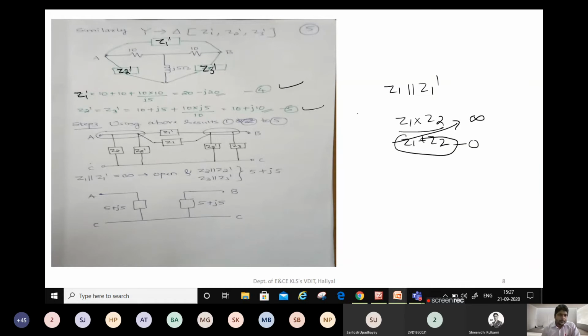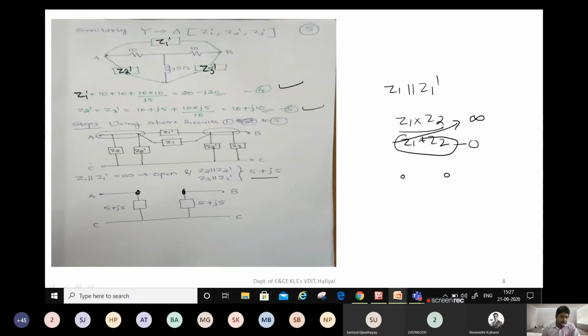Okay. So you can do this in the calculator. Please verify that. And similarly, if you carry out Z2 in parallel with Z2 dash, Z3 in parallel with Z3 dash, you will get the impedance like this. And we know that infinite impedance is represented by open circuit. So hence here Z1 is not shown, because it is infinite.